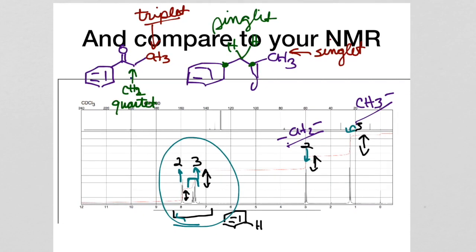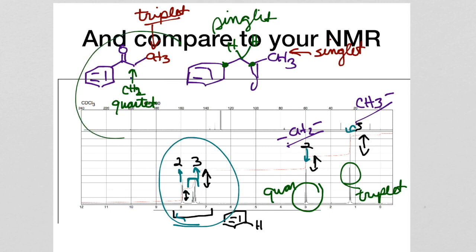And if I compare to my NMR, it's a little hard to see, but what I have here is a quartet, and what I have here is a triplet. So this NMR better matches this molecule. My working conclusion is that this molecule right here, which turns out to be named propiophenone, is my hypothesis of what my unknown is.